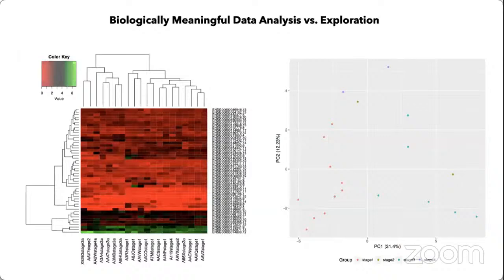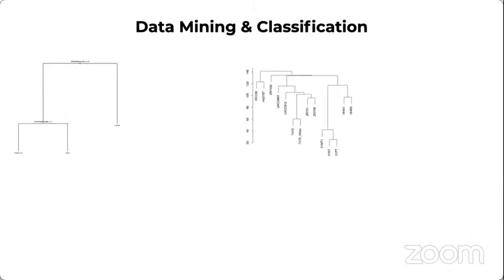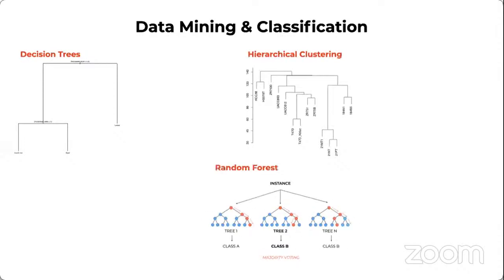We can also extend this to more biologically meaningful data analysis and exploration, like a heat map, which will give you a general expression pattern for the different types of samples that you have in your data set.